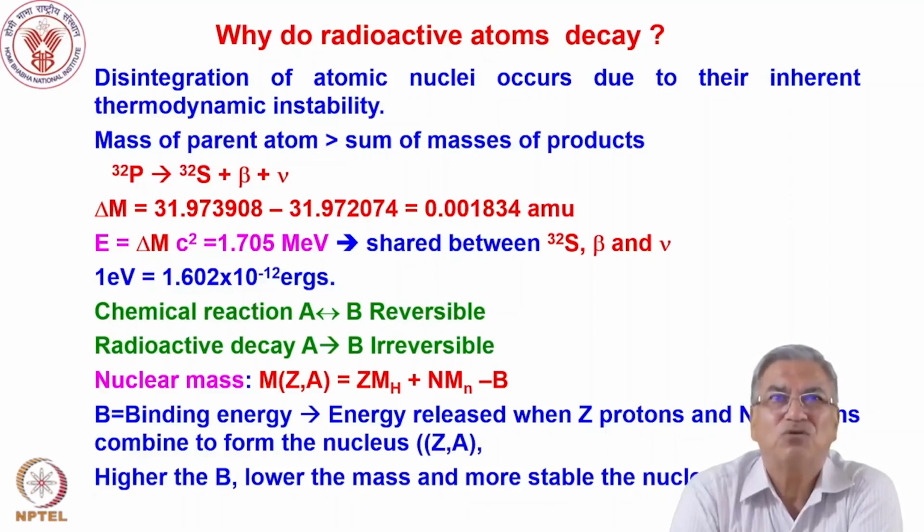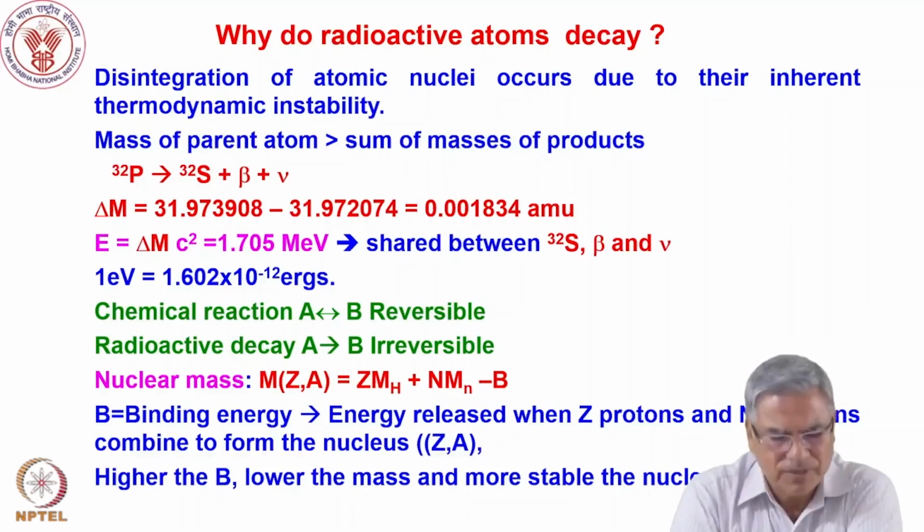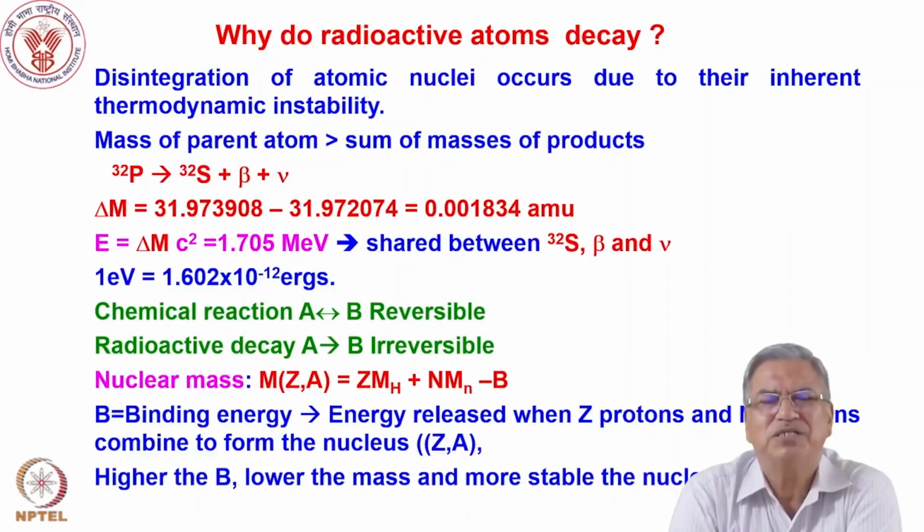I will discuss later on why we use such a precise number for the mass, because when you convert the mass into energy using the formula E equal to mc square, you are multiplying the delta M by 931. One atomic mass unit is 931 MeV. So to have the precise atomic masses in terms of MeV, we need to have them in very large significant digits.